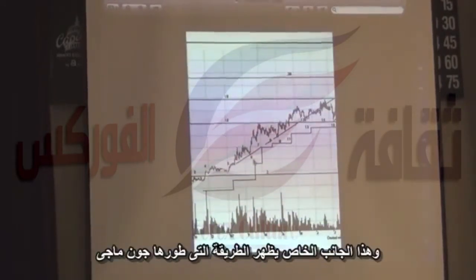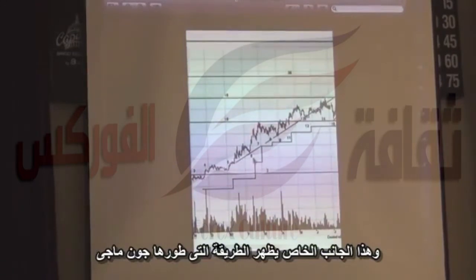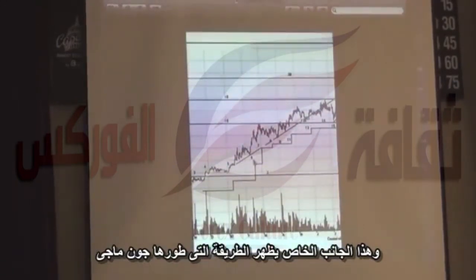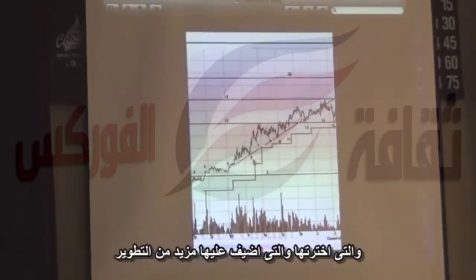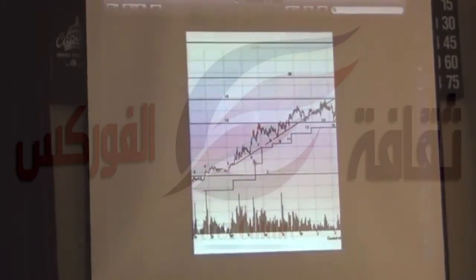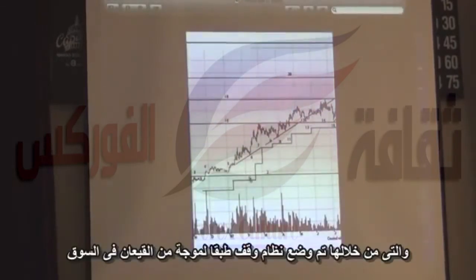This particular slide shows a method which was developed by John McGee, and which I adapted and further developed, in which a system of stops is put in according to the wave lows in the market.